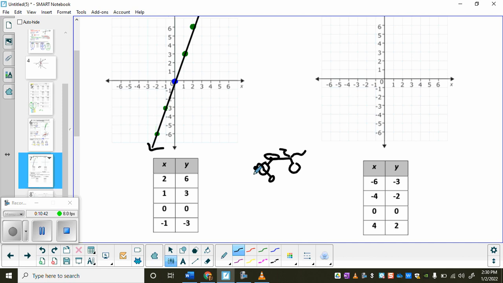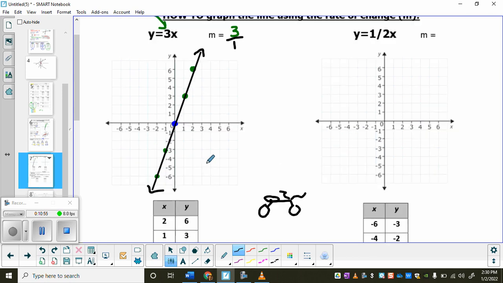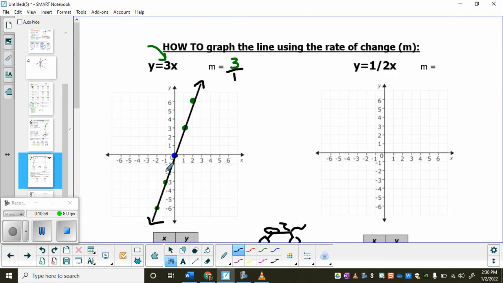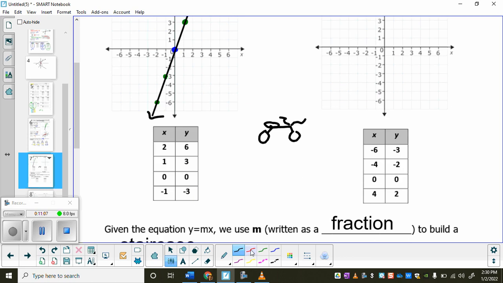I want you to think about how, when you graph lines, this table of values is a lot like needing training wheels on your bike. Eventually, you take those training wheels off, and you don't need them anymore. Kind of like what we just did, I didn't need to look at any of these points to graph this line. So the goal of today's video is for me to just give you the equation, and you can come up with the line without needing this table of values.